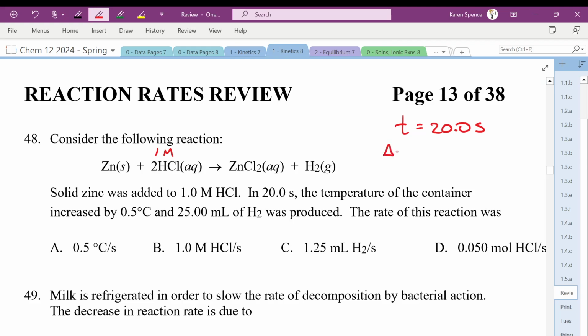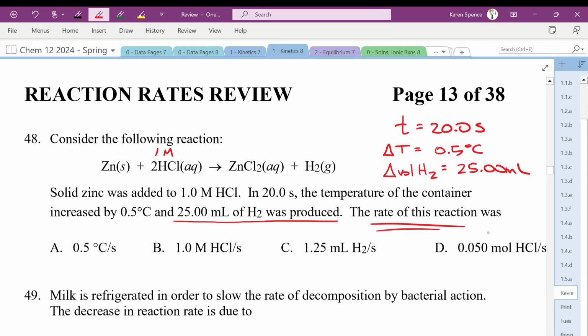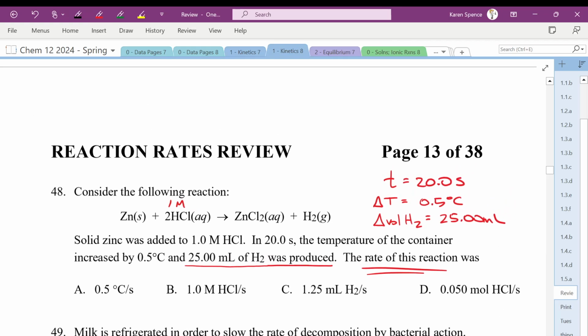So the change in temperature was 0.5 degrees Celsius, and 25 milliliters of H2 was produced. So the change in volume of H2 was 25.00 milliliters. And we would like to know the rate of this reaction. What is the generic formula for the rate of a reaction?